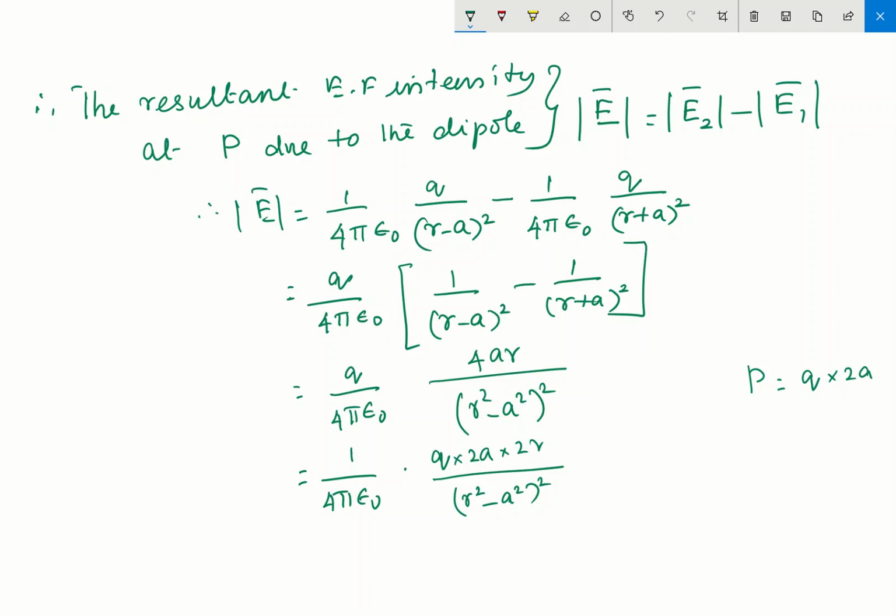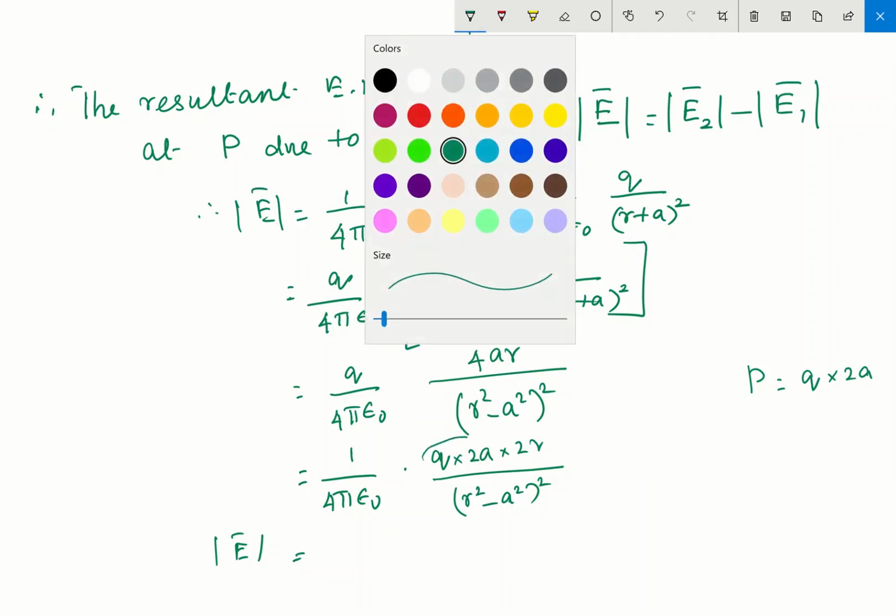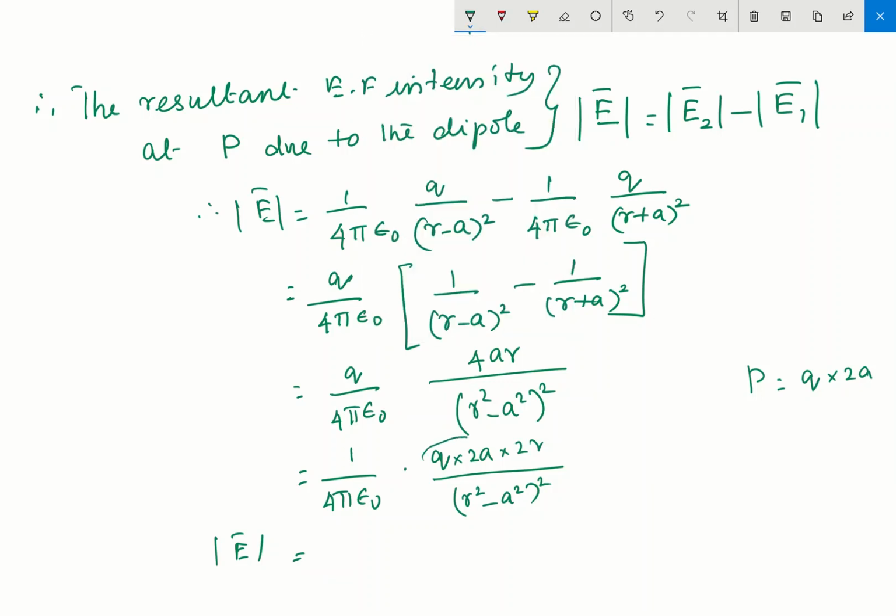So E is equal to 2QA. What is 2QA? Wait, I'm thinking.